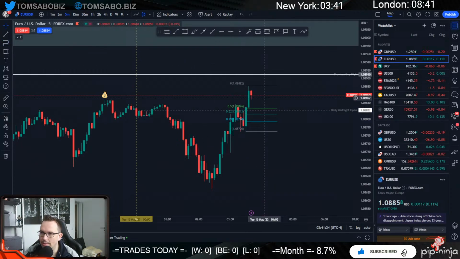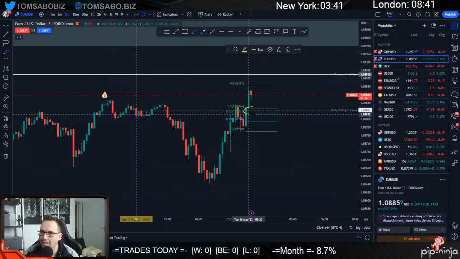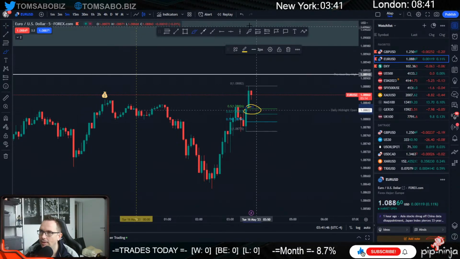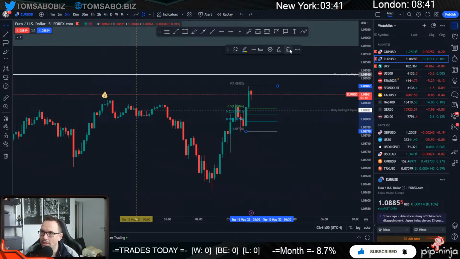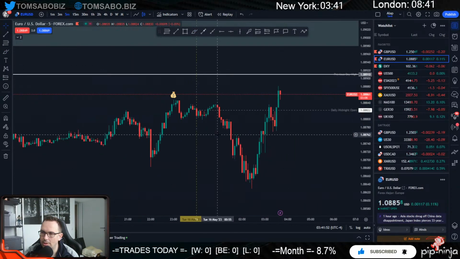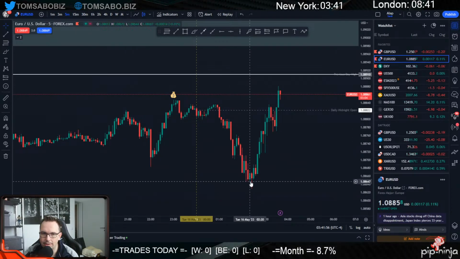So in this area, if this candle would be closing right here, then we could be having an optimal trade entry right here, right? And then I would say that so far I had a bearish bias all the way down here.